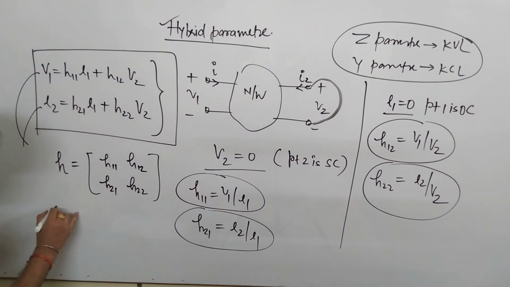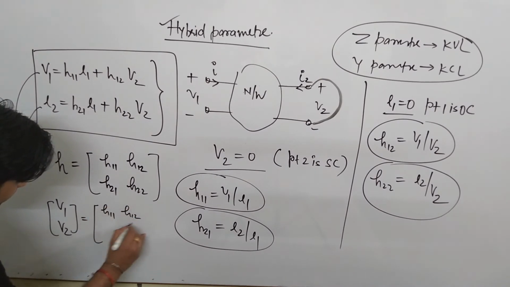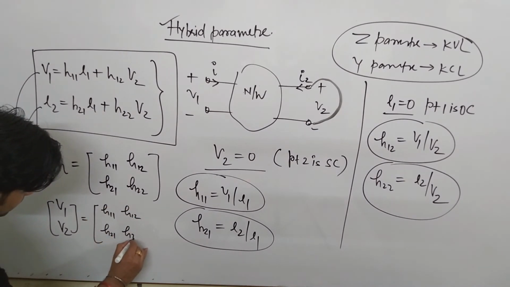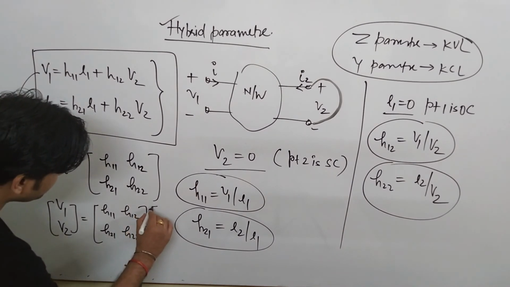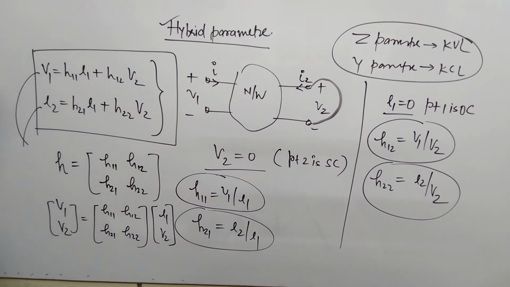You can write this in this form also, that is V1, V2, and this is your H matrix, H11, H12, H21, H22, and here it is I1, V2. This is I1, V2 and this is V1, I2. Very important, just keep in mind, I have just written it in the matrix form. And this is your H matrix.